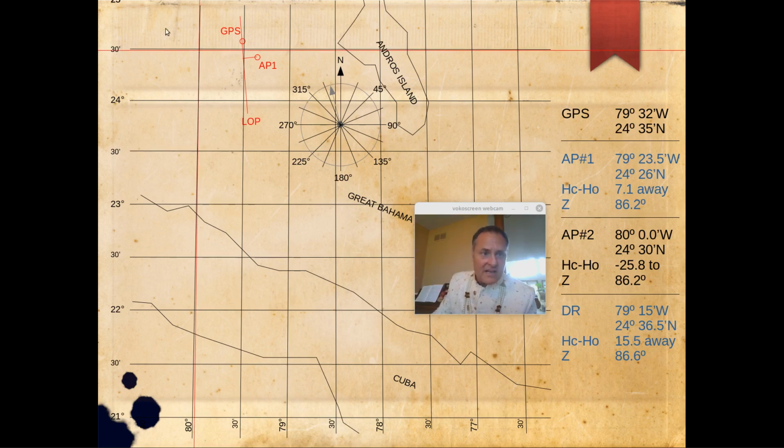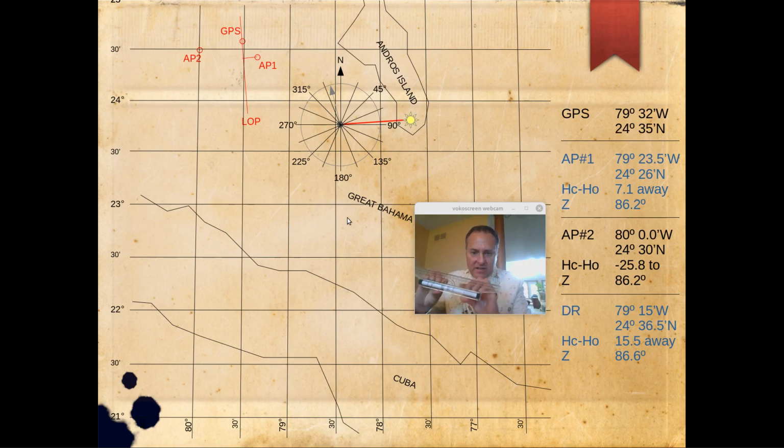80 degrees, 24.30, okay? There's my new assumed position. The values I get back are minus 25.8, meaning go toward the sun, and 86.2. The zenith didn't change, so I still use that zenith angle. I use a rolling ruler. Let's see if I can find my rolling ruler. See, a rolling ruler.